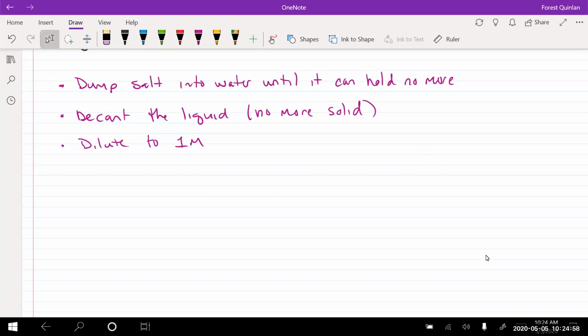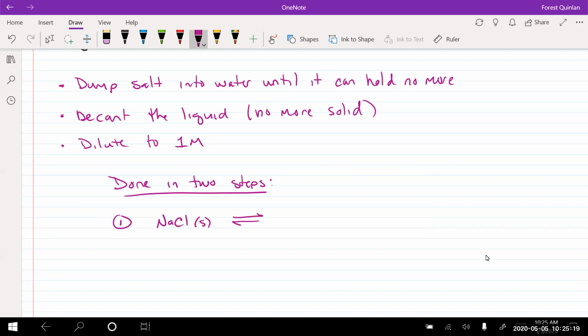Because we're going to do this in 2 steps, I want to look at those 2 steps. Step 1 is just getting solid salt to make NaCl that is saturated.